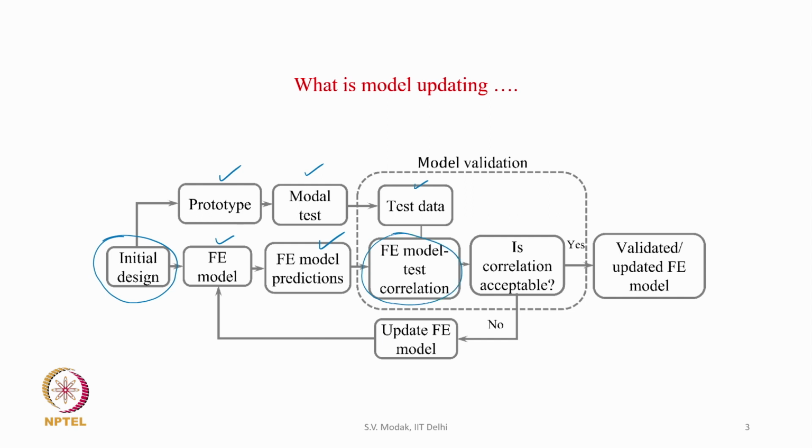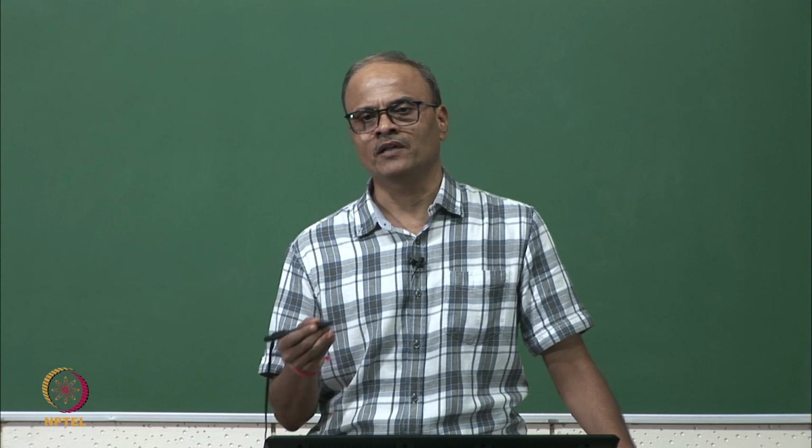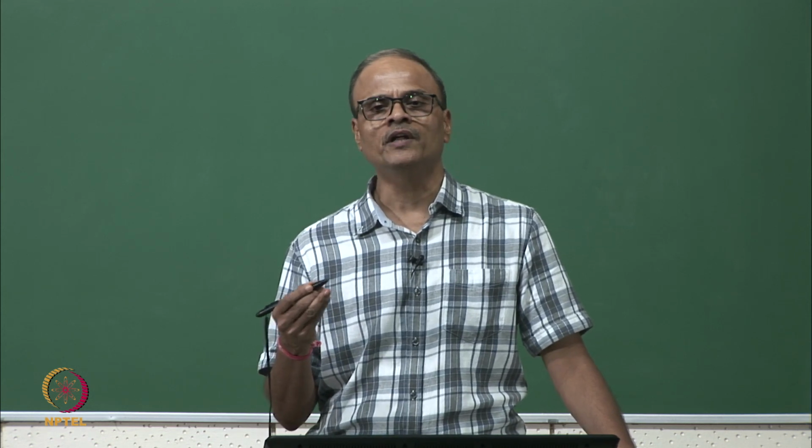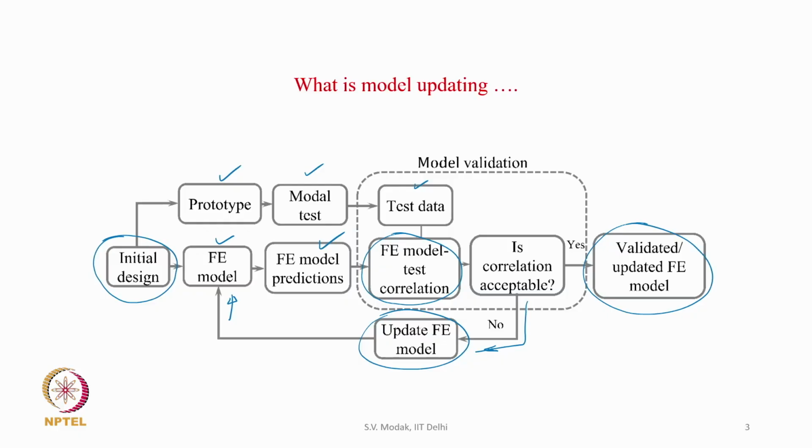If the correlation is not acceptable, then the FE model is updated, and this process is repeated till the correlation becomes acceptable, which gives us a validated or an updated FE model, which will have an acceptable level of correlation with the model test data. This model can then be used with more confidence to predict the dynamic characteristics of the structure and to predict the effects of any structural modifications that might be made as part of the dynamic design.